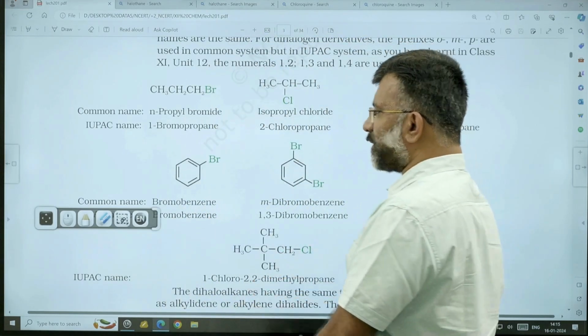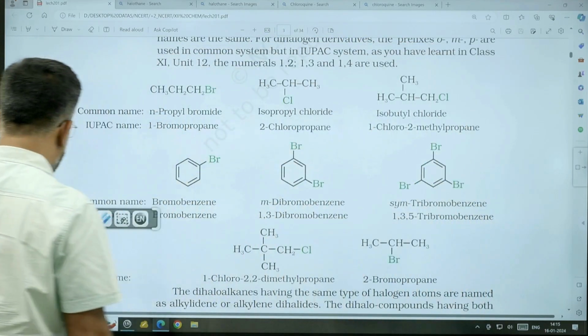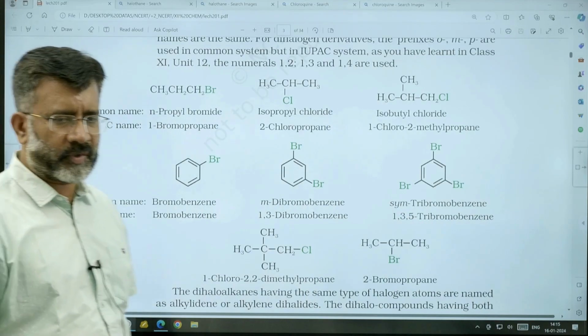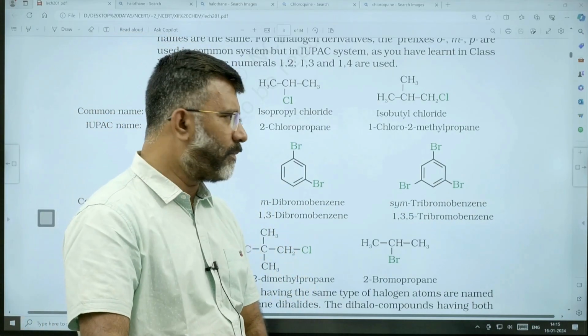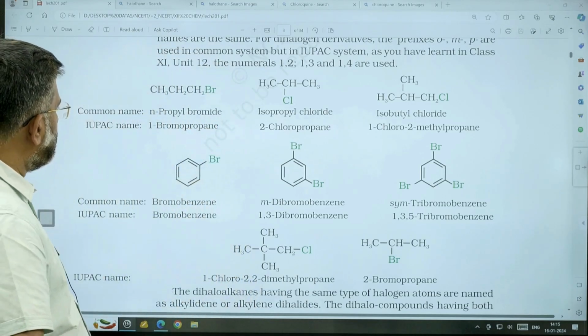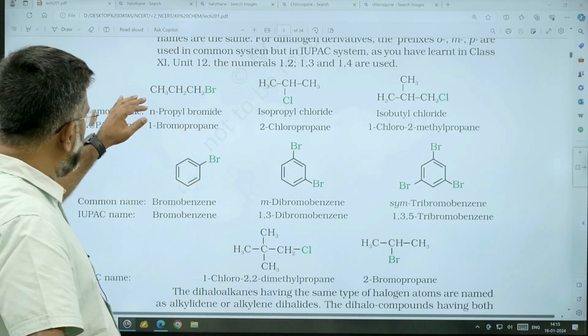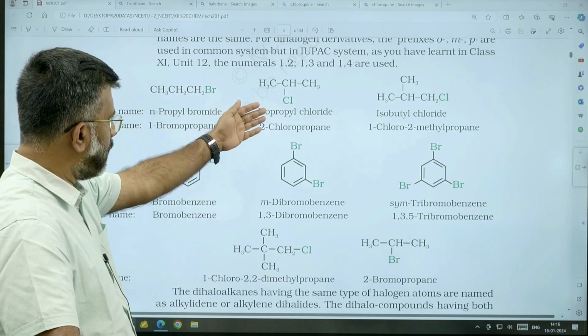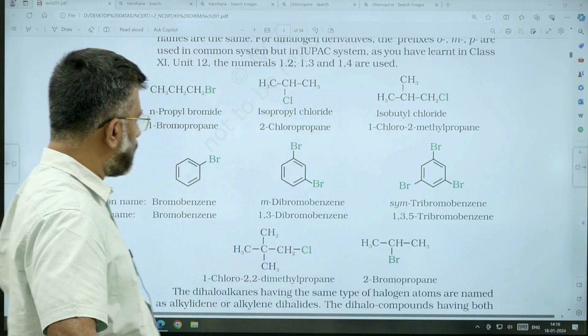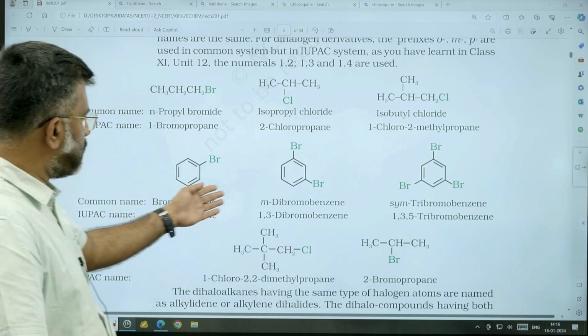That's a part of the initial segment, the nomenclature part of organic chemistry. That is, some basic principles of nomenclature, like the common name as well as the IUPAC name of compounds: n-propyl bromide, isopropyl bromide, isobutyl chloride, bromobenzene.